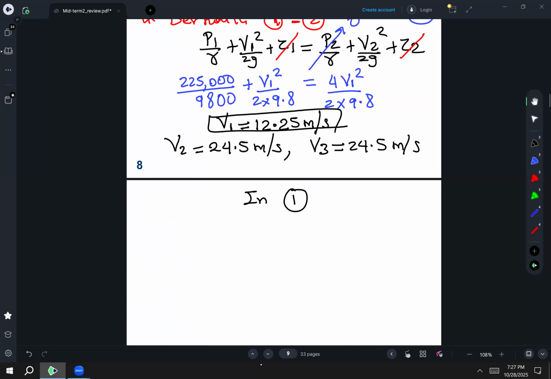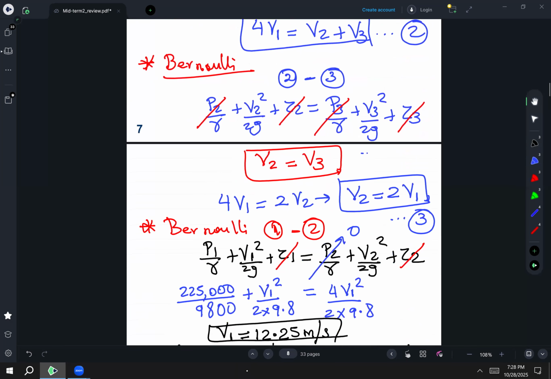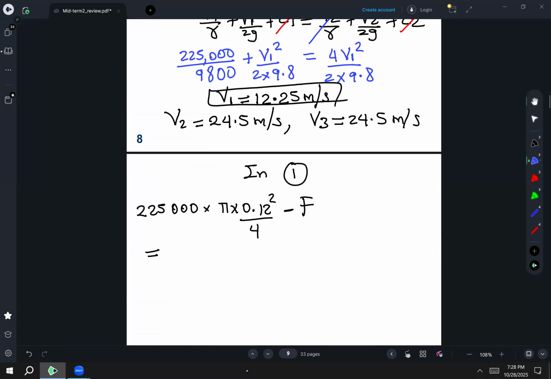So the pressure is 225,000 pascals times the area, and the area is pi times 0.12 squared divided by 4, minus F, and that will be equal to minus density 1, so it's going to be minus 1000 times area 1, which is pi times 0.12 squared divided by 4, times velocity 1 squared.